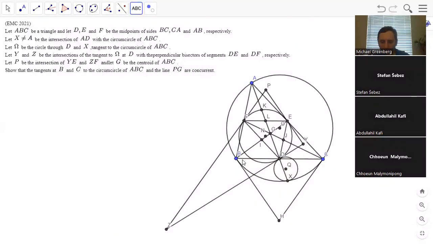You know how they could have made this problem more cool? If the thing we needed to show was that PZXY is a tangential quadrilateral. That would basically trivially follow from what we have done, but it would be much more cool since I never saw a statement like that.